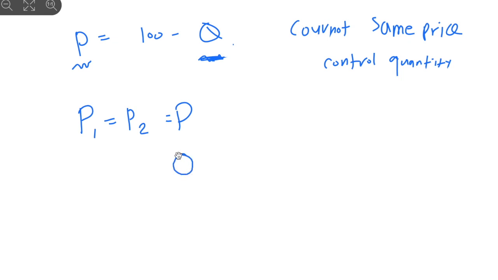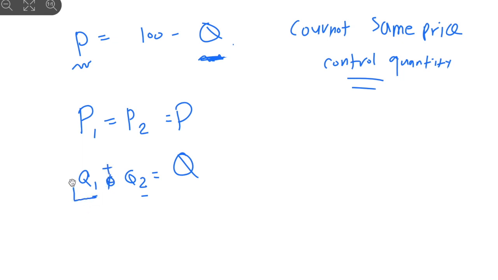For Q, we want to control it, so we have different Q for firm 1 and firm 2. Firm 1 and 2 can decide how many units they want to produce, so it's not the same, but we have to sum.